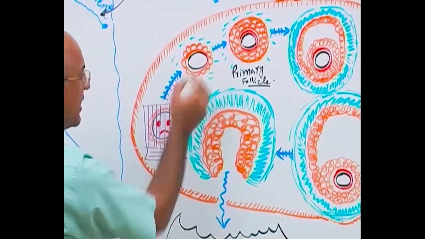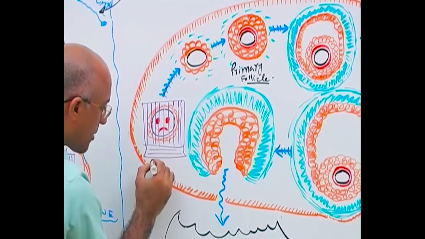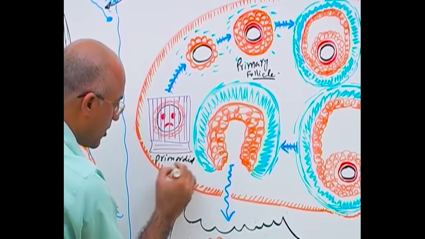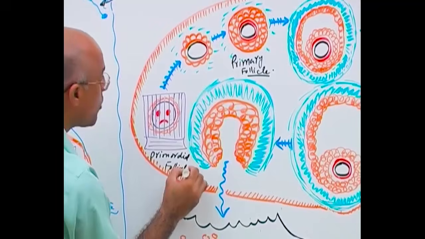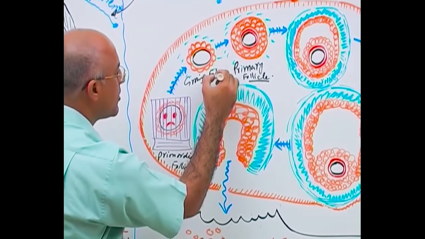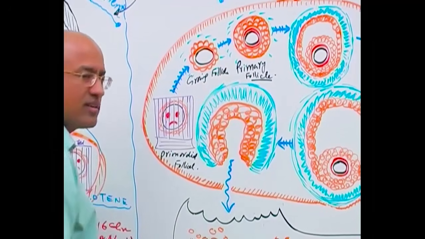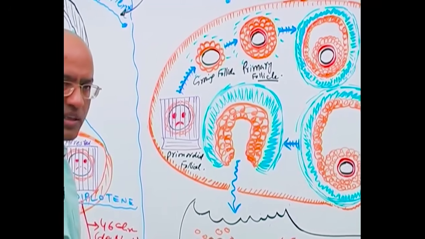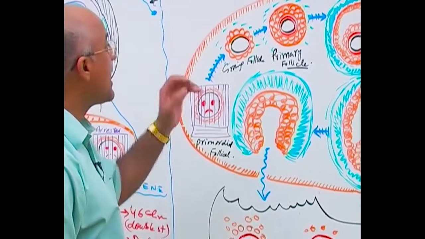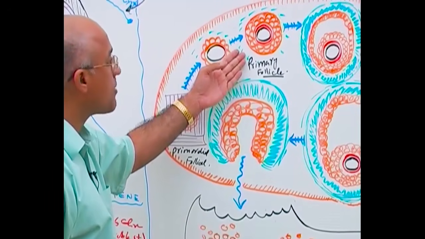And what was this follicle in the beginning? This was a primordial follicle. What was this? A growing follicle, yes. So every month, 5 to 15 or 20 growing follicles grow further and many of them convert into primary follicles.